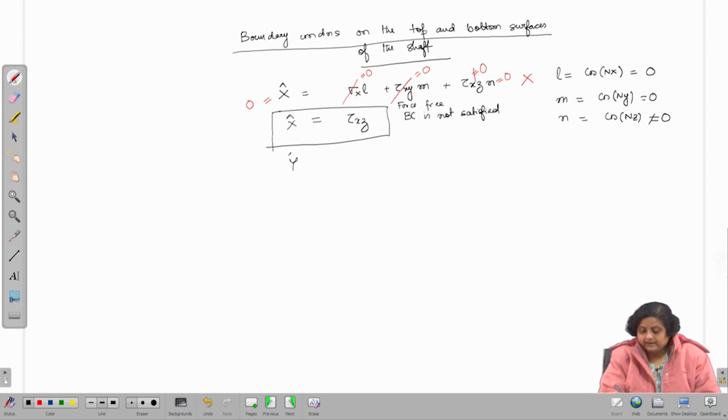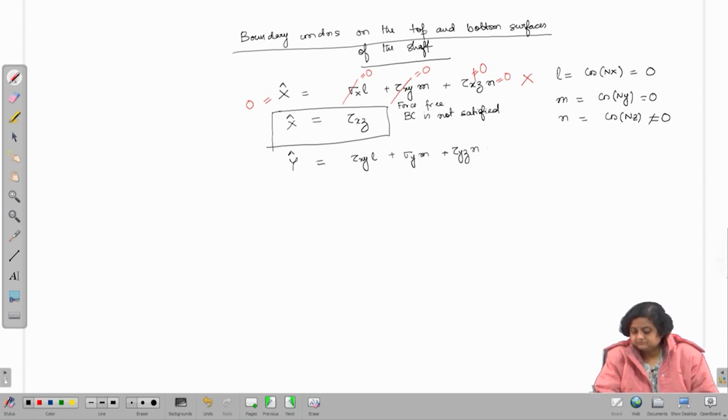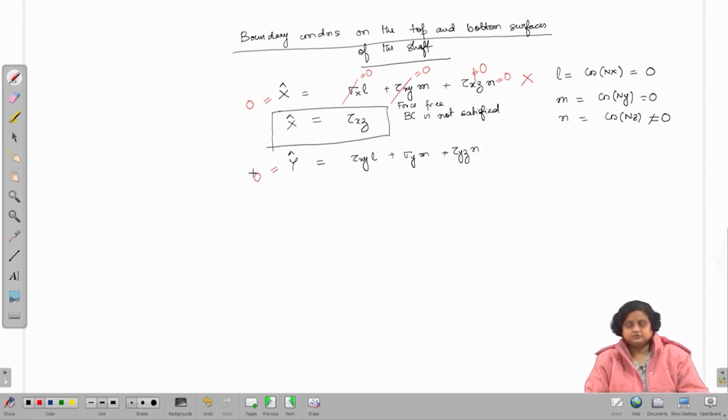So, let us see what happens to y hat. Okay. So, ideally it is force free. So, y hat should be equal to 0. Now, tau x y is equal to 0, sigma y is equal to 0. Now, n is equal to 1 and this is not equal to 0.